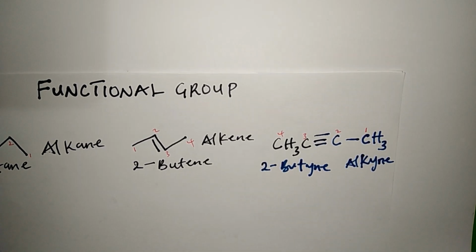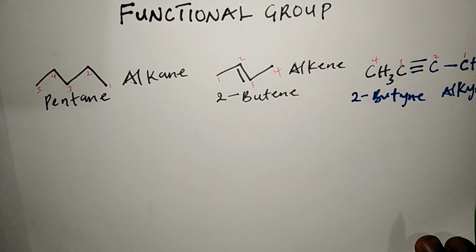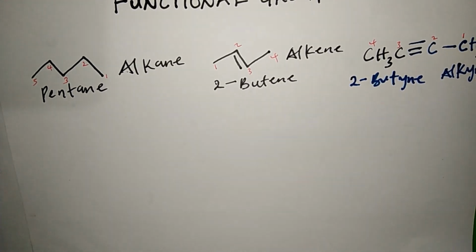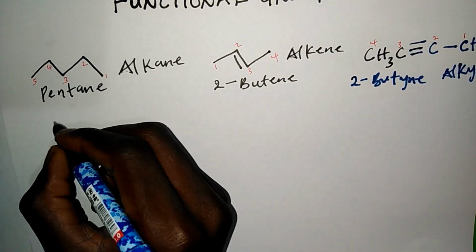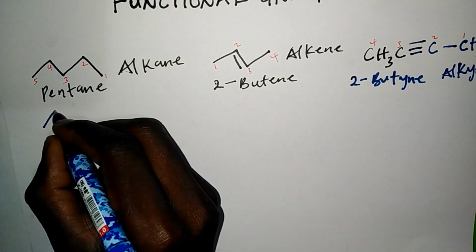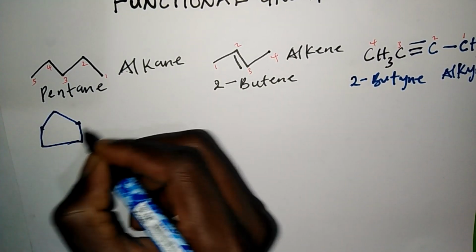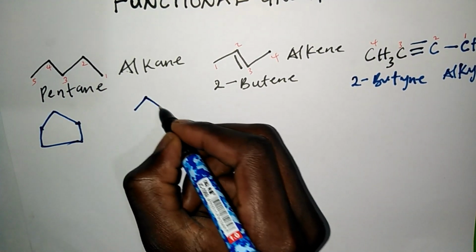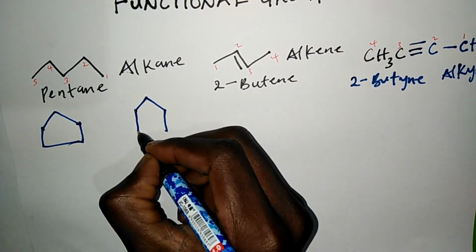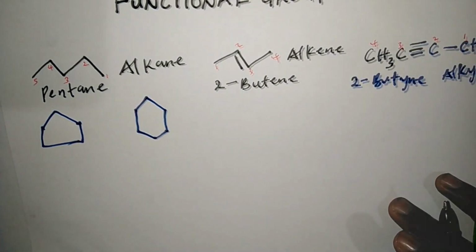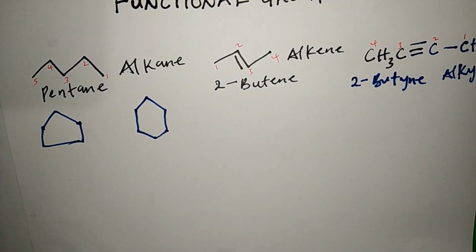Next, what if we have a compound like this, and we have another compound like this? What will you call these 2 compounds?